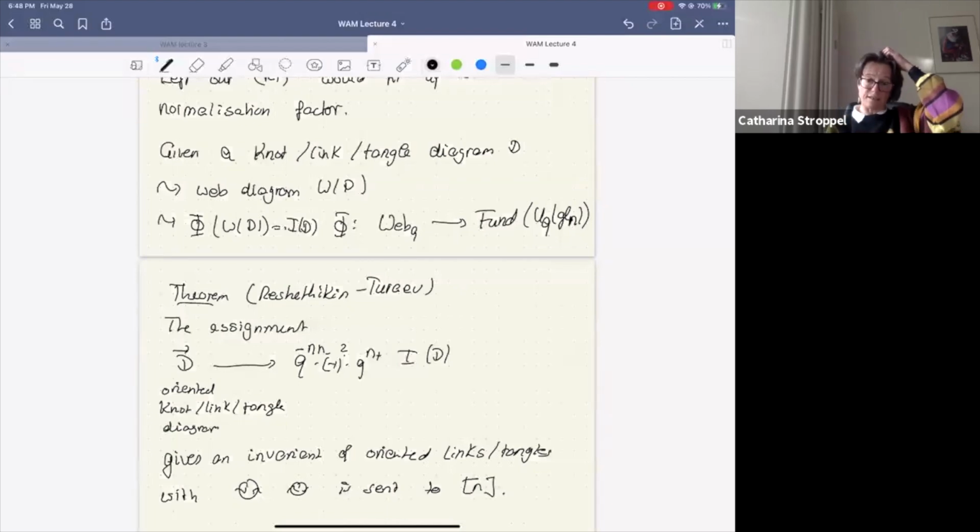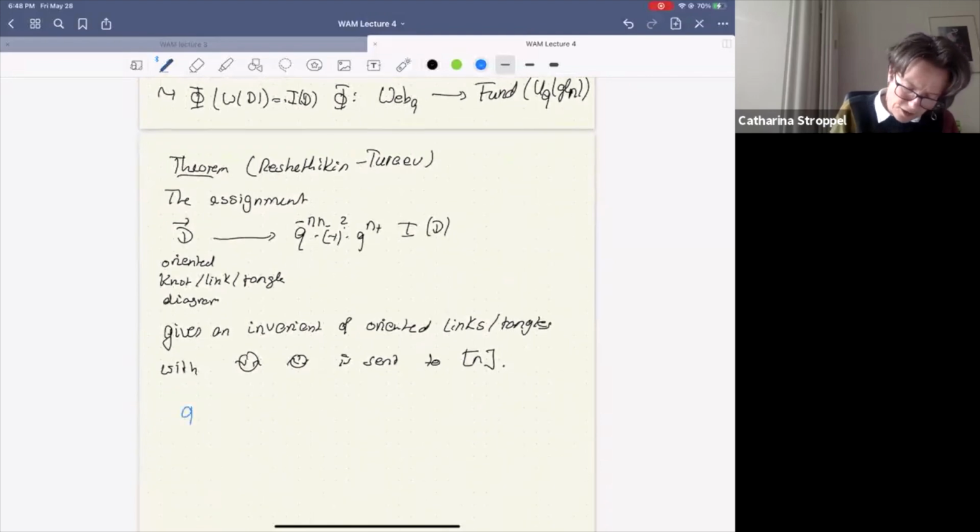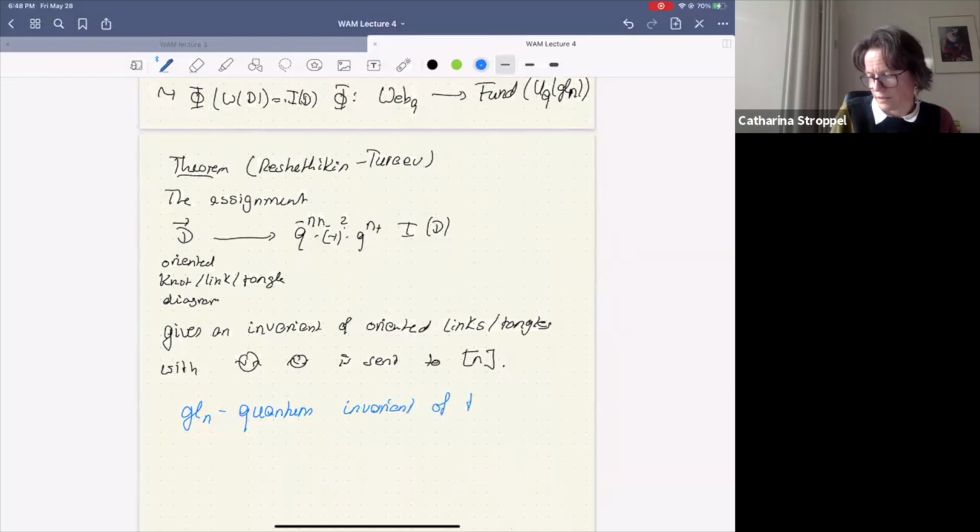So this generalizes the formulas from before, and this is called the GLN quantum invariant of knots or of tangles, if you want.